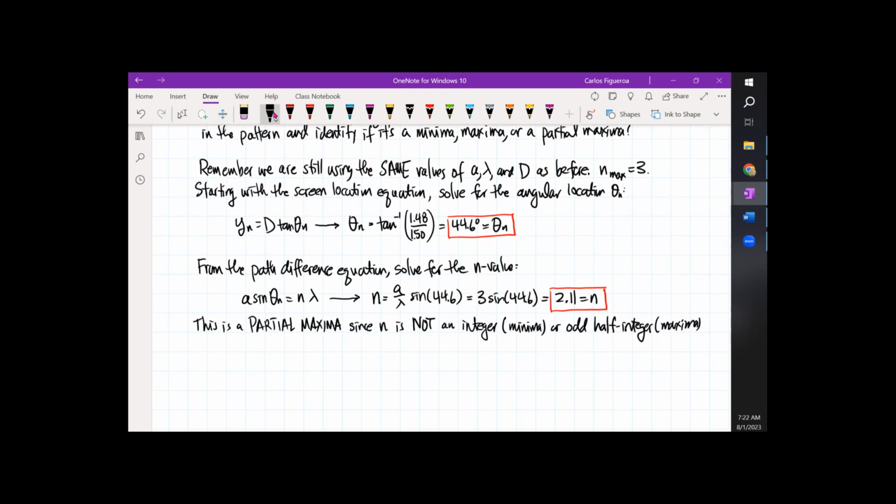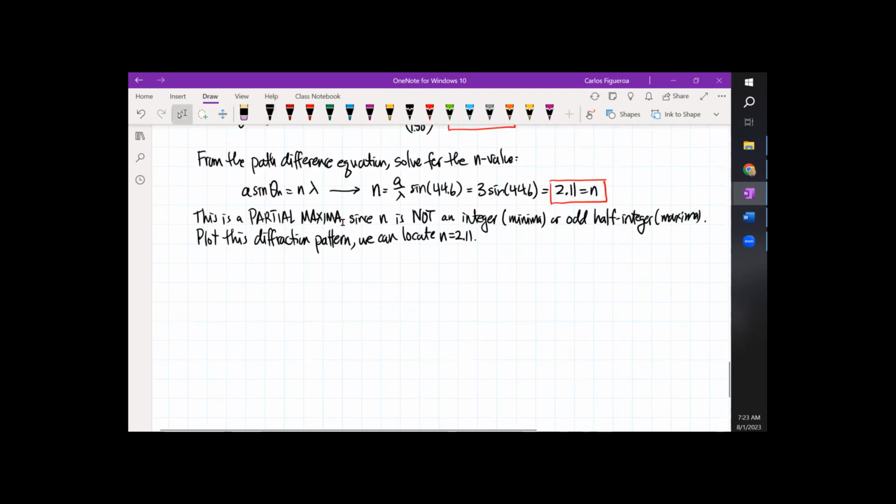So it's in between. So now if I go and plot this diffraction pattern, we can locate n equal to 2.11.